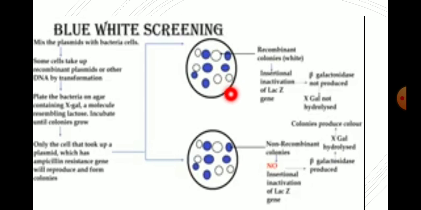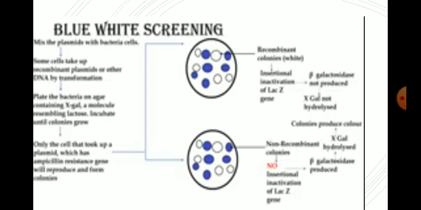So blue-white screening is due to the insertional inactivation of the beta-galactosidase enzyme, and this enzyme acts on a colorless substrate called X-gal, which is further converted into a blue colored product. Now the question is why X-gal gives blue color.